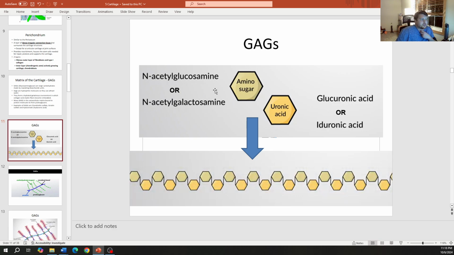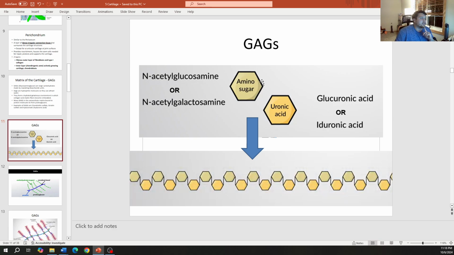So this amino sugar combines with a uronic acid most often. The two types of uronic acid that we can see are glucuronic acid and, if I can pronounce it, iduronic acid. There we go.